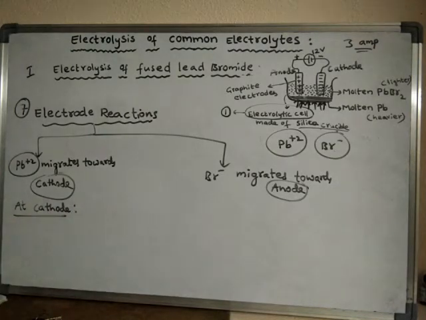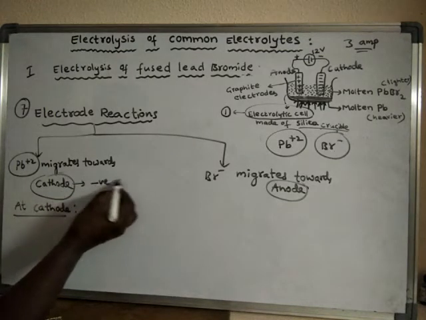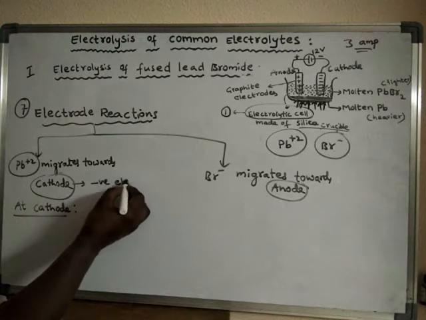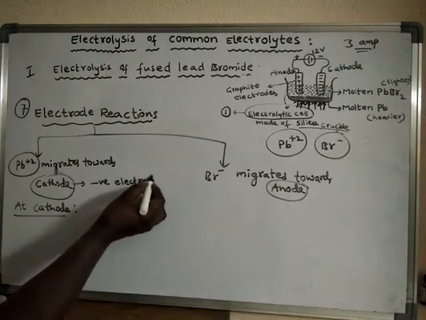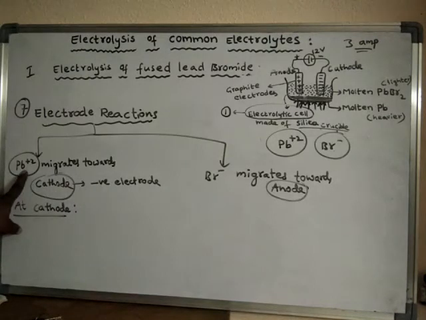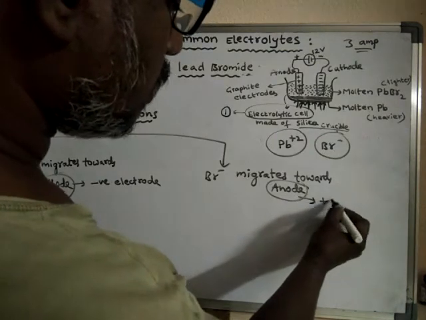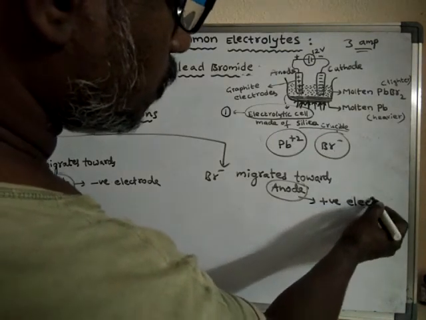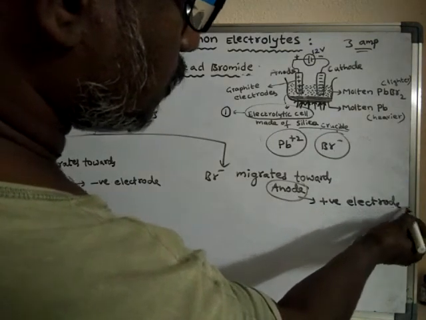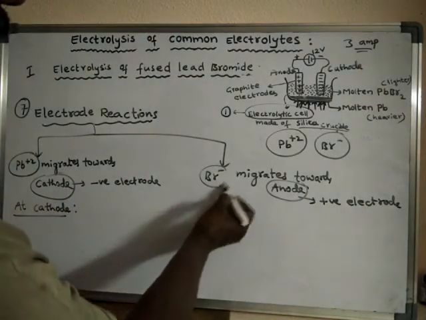What type of reaction takes place at the cathode? Because the cathode is a negative electrode, it attracts a positive ion. Anode is a positive electrode, hence it attracts a negative ion.